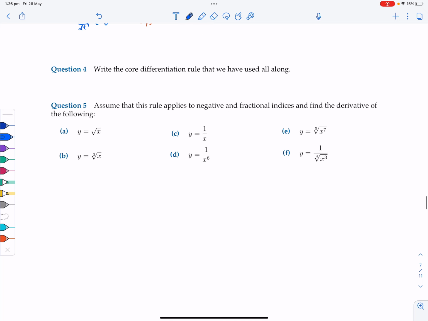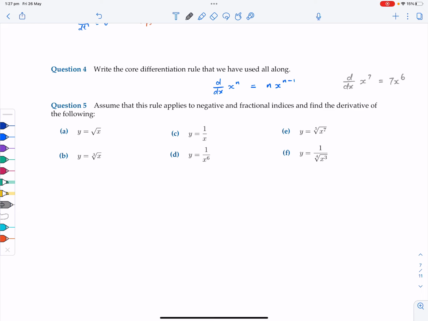All right, question 4. The core differentiation rule that we've used all along is this. d dx of x to the n equals n x to the n minus 1. Right, so what this means is the derivative with respect to x of x to the n. So for instance, the derivative of x to the 7 is 7x to the 6.